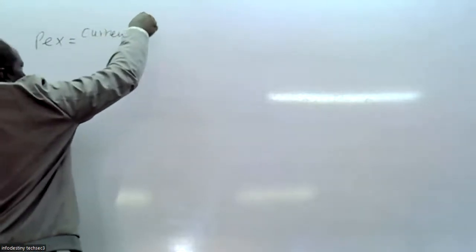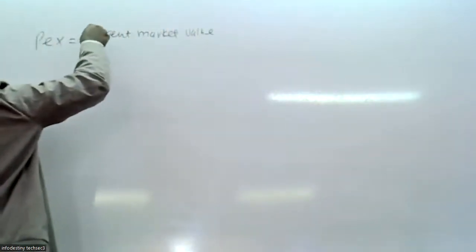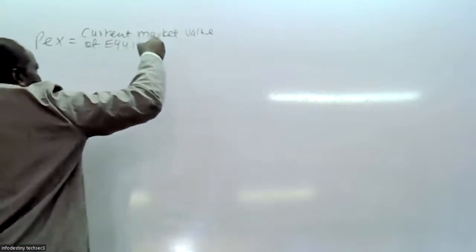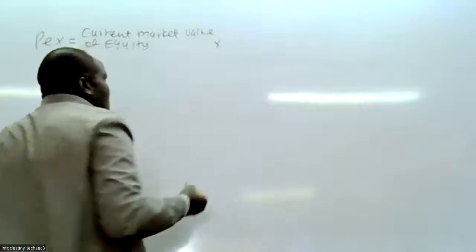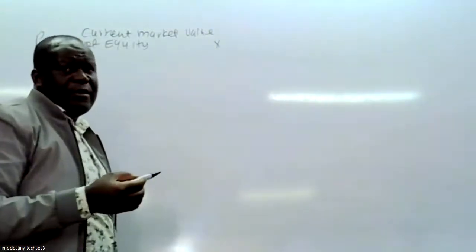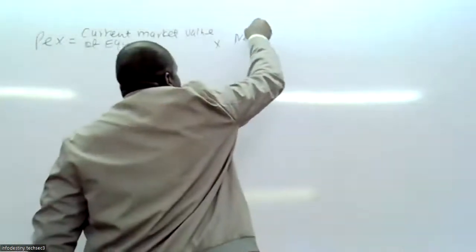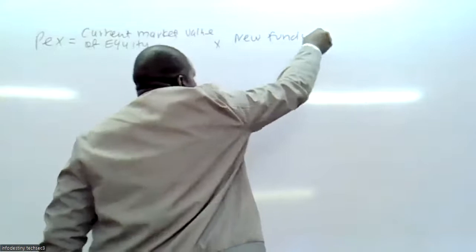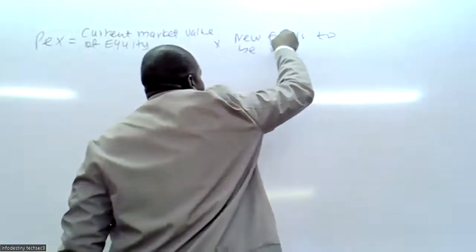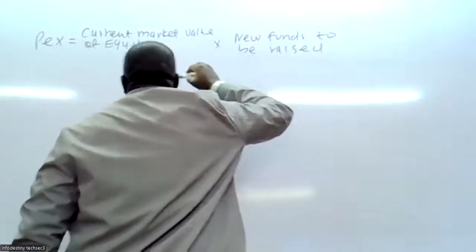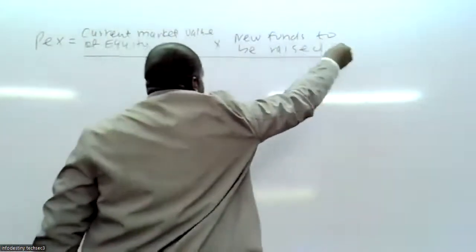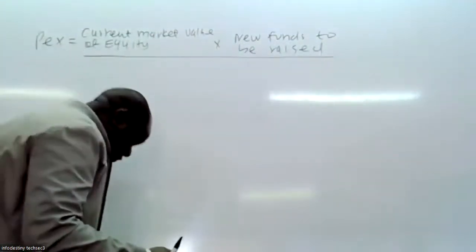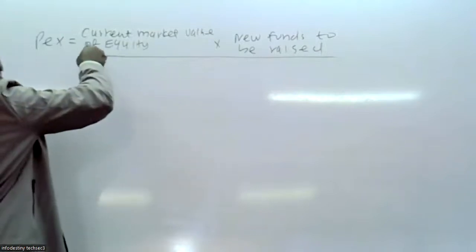It is supposed to be given by the current market value of equity, plus the new funds to be raised, then divide by the existing number of the ordinary shares.